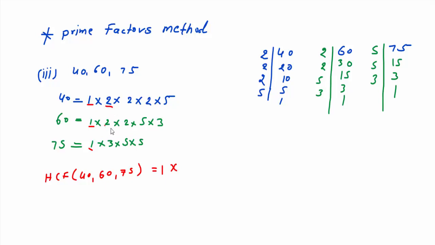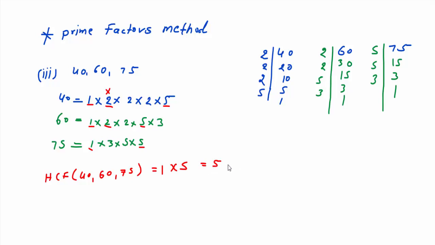Is 2 here, here, any 2 here? No. So 2 is not there. Start from 5, 5, 5. So here we have a 5. So the highest common factor is 5 1s are 5. The GCD of 40, 60 and 75 is 5.